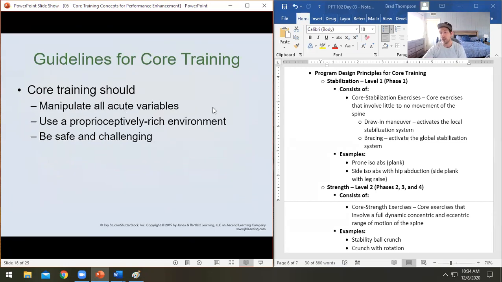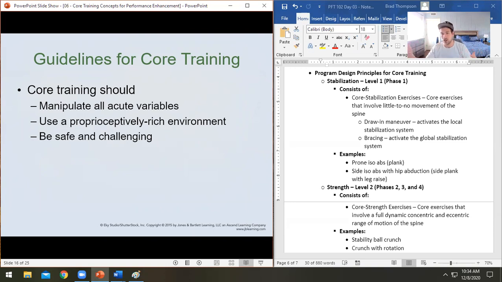And then we also can make core training more difficult rather than just doing more reps, which is a very common mistake that a lot of people make. They'll just do 500 sit-ups. Rather than doing that, we can manipulate other acute variables to make the exercise more challenging, usually by adding a proprioceptively enriched environment. Put your client on a stability ball, put them on a Bosu ball, put them on something wobbly.